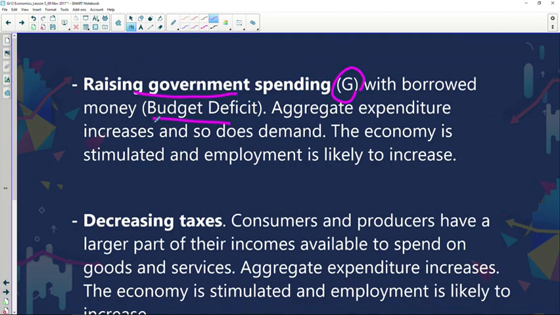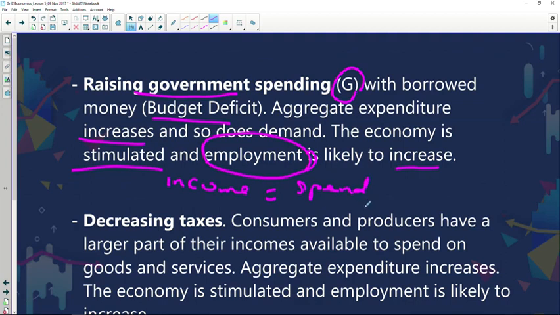Aggregate expenditure will increase as a result of that decision, and so does demand. Therefore, the economy is stimulated and employment is likely to increase. When employment increases, there is more economic activity. It means that households are receiving income and they are able to spend.